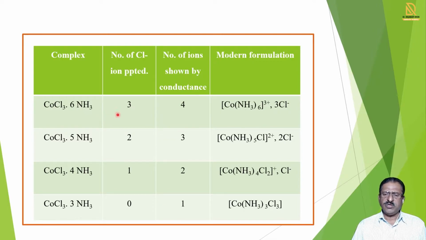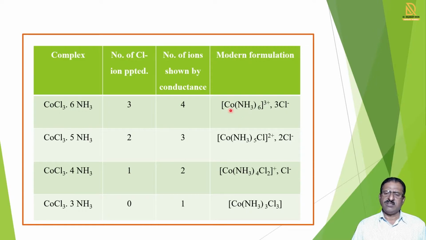Then there is formation of the complex, and according to the coordination theory, [Co(NH3)6]3+ and 3 Cl- ions are formed. Now if we see this example, [Co(NH3)6]3+ and 3 Cl- satisfy both primary and secondary valency.